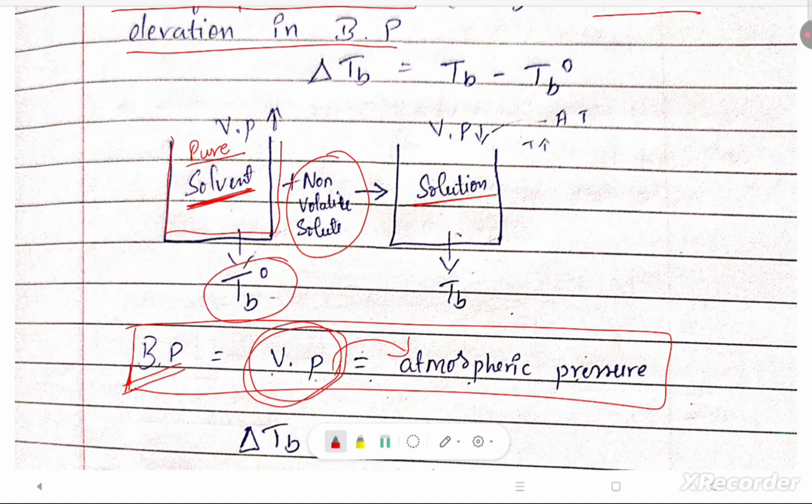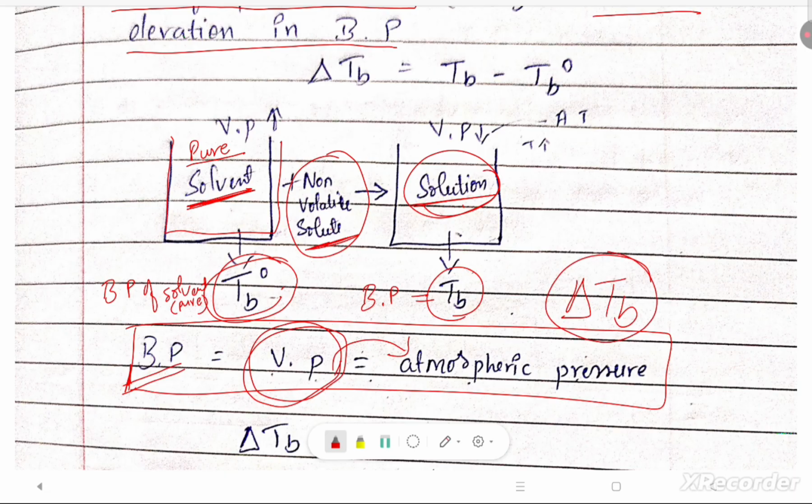Tb naught means boiling point of solvent in pure state. Pure state means only solvent is there. After adding non-volatile solute, it became solution. This solution boiling point we denote by Tb. The difference between these two we call delta Tb, that is elevation of boiling point.